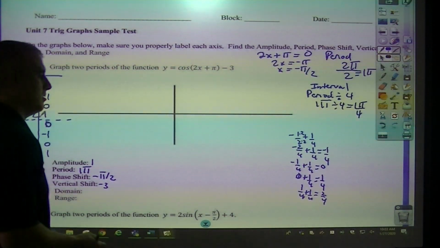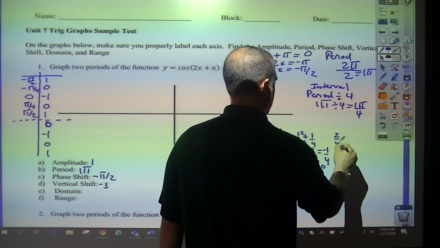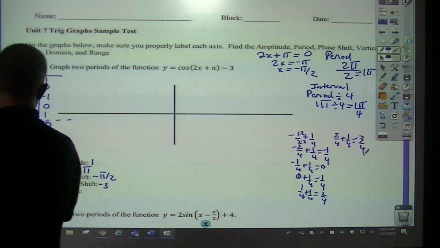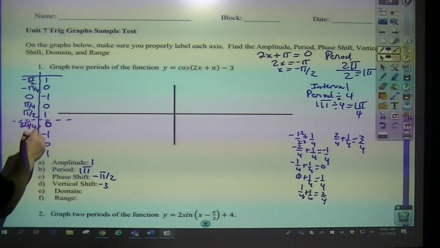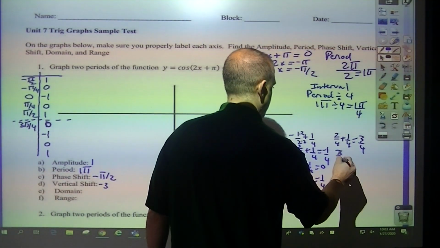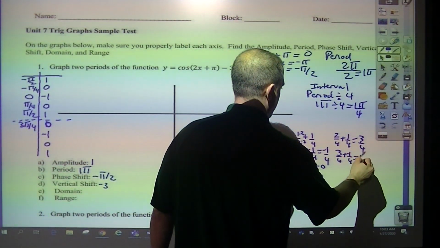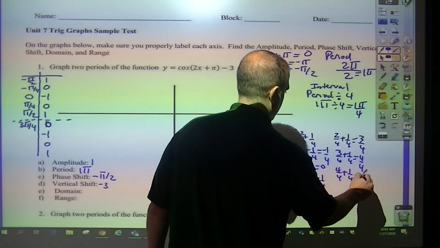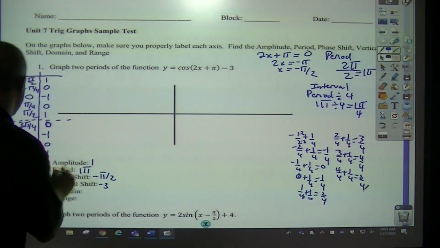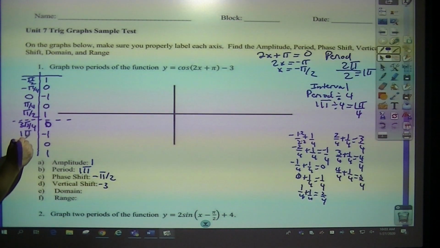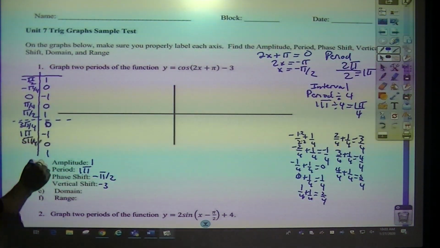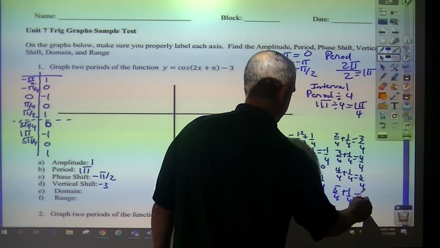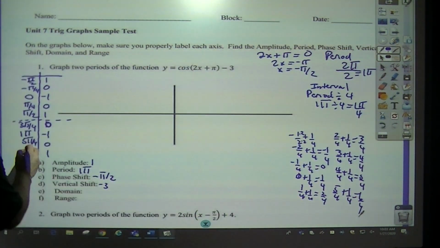Pi over 2. Okay, 2/4 plus 1/4 is 3/4. Okay, 3/4 plus 1/4 is 4/4 or 1. Plus 1/4 would be 5/4. Okay, so this would be 1 pi, 5/4 pi, and then 5/4 plus 1/4 is 6/4 or 3/2 pi.